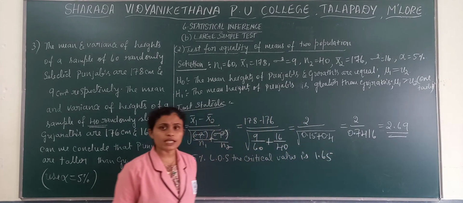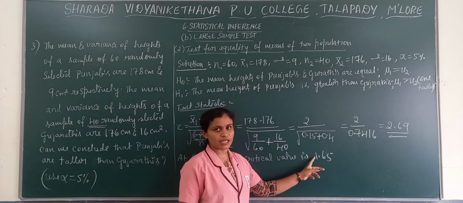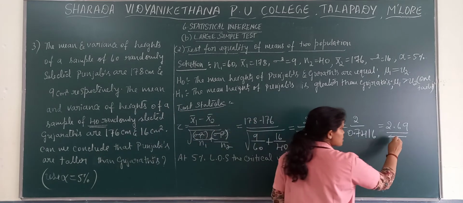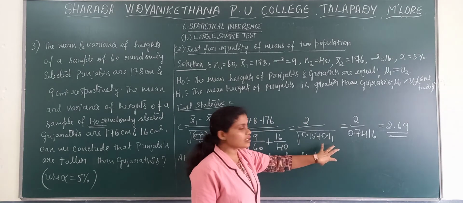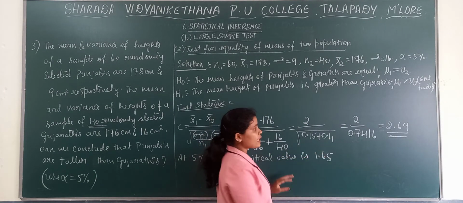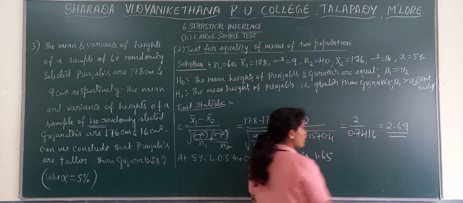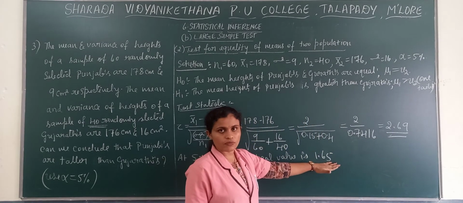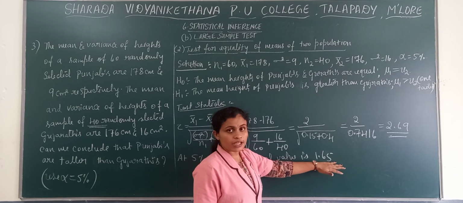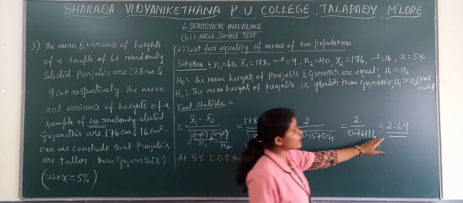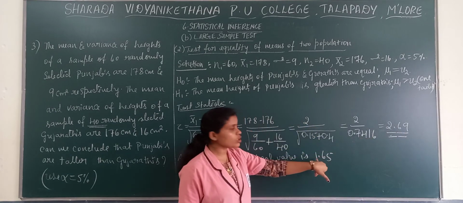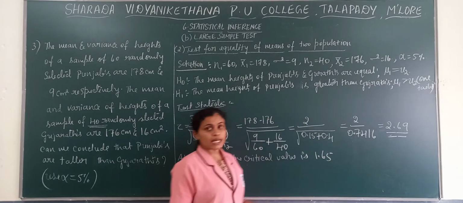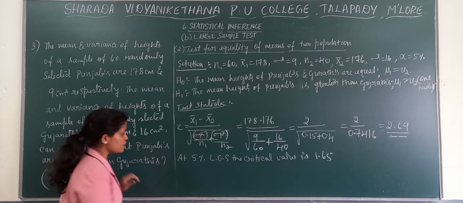If it is left tail, the same value we need to take as negative. Now, how to analyze? As I said, when it is right tail or greater than, our calculated value should be lesser than the table value. But here the calculated value is more than the table value. So it lies in the rejection region.